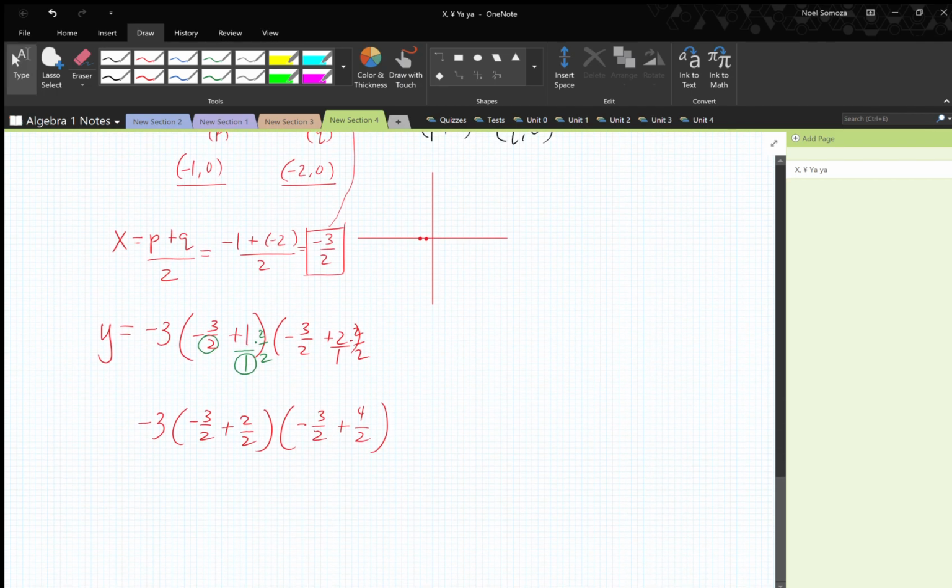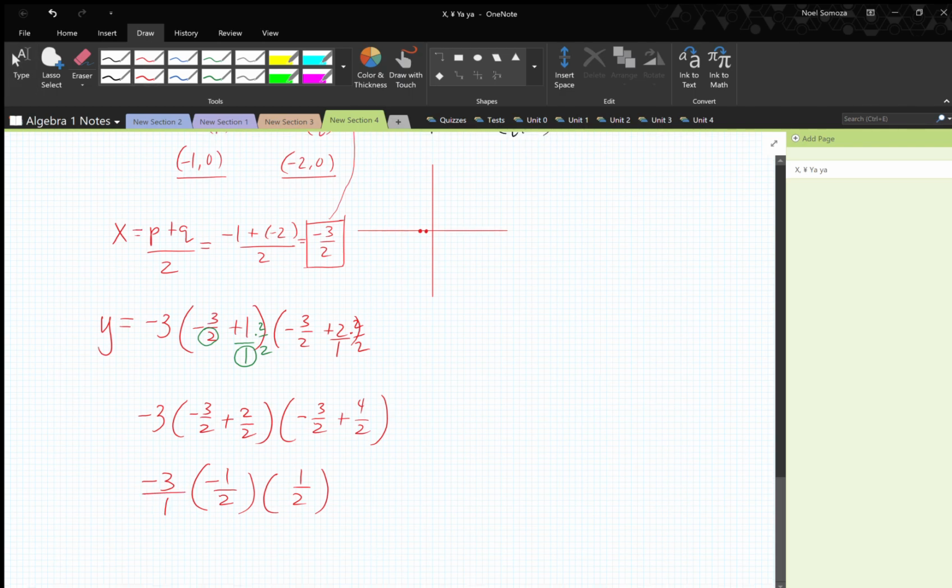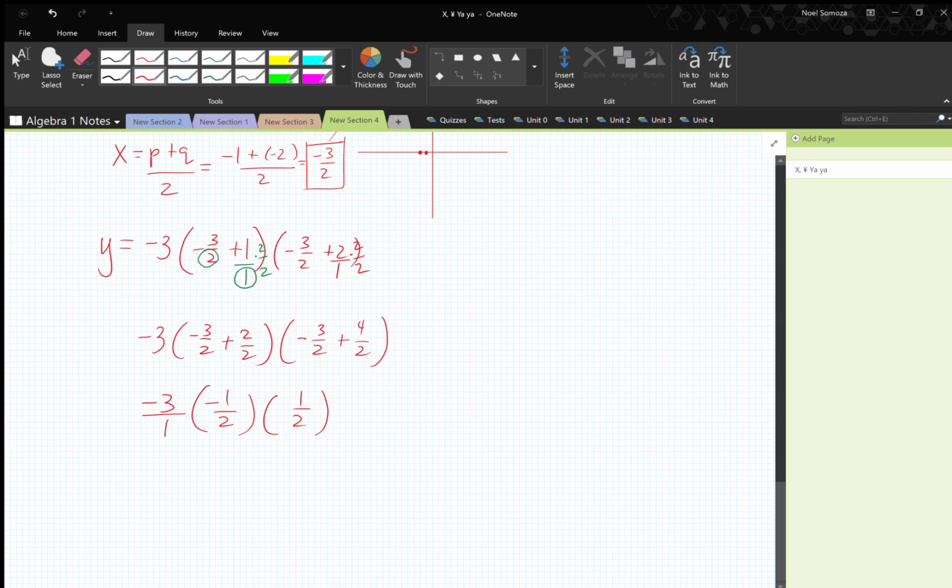And now I can add the inside of the parentheses. So negative 3 plus 2 is negative 1 over 2, times this one gives me a positive 1 over 2. And I still have the negative 3 on the outside. So now I'm going to multiply all three of these together. First I'll multiply what's inside the parentheses: negative 1/2 times a positive 1/2 is negative 1 over 4.